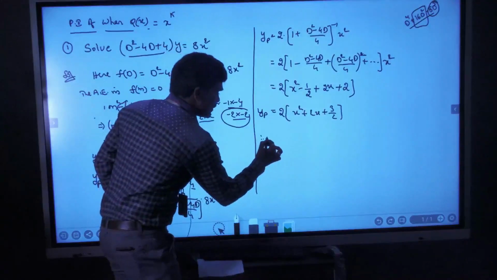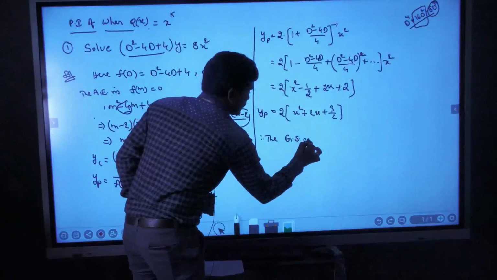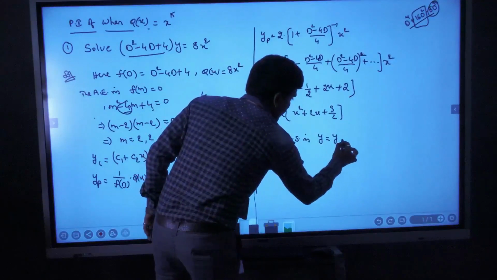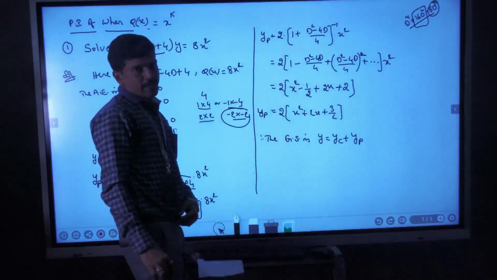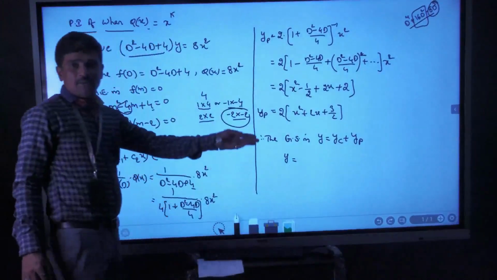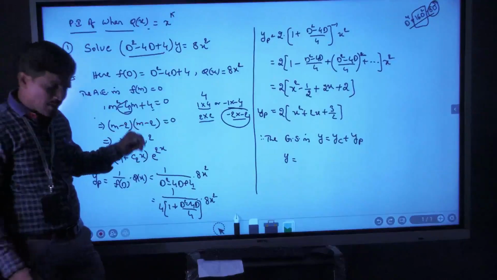Now what is the general solution? The general solution is written as y is equal to yc plus yp, right? What is yc and what is yp? Here yc is c1 plus c2x e power 2x.